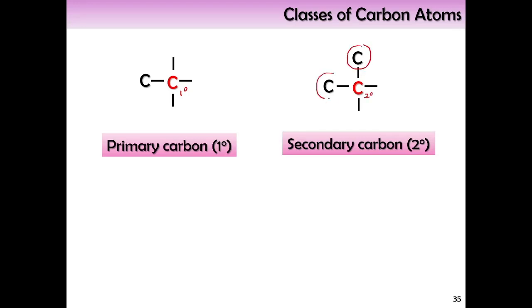Or sometimes we call this carbon is attached to two alkyl chain, because this one can be methyl, ethyl, propyl, and so on. This one maybe hydrogen or maybe Cl. But it doesn't matter because carbon is classed based on how many carbon that it is attached to.